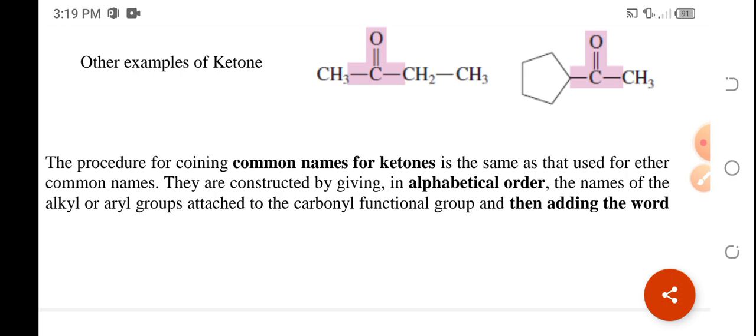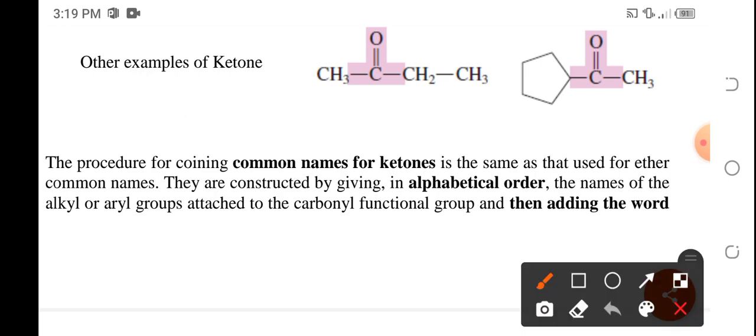For ketones, we have common names, and it is the same as giving common names to ethers. However, instead of putting ether as the last word, we add the word ketone. So we name all the alkyl groups, arrange them alphabetically, then add the word ketone.